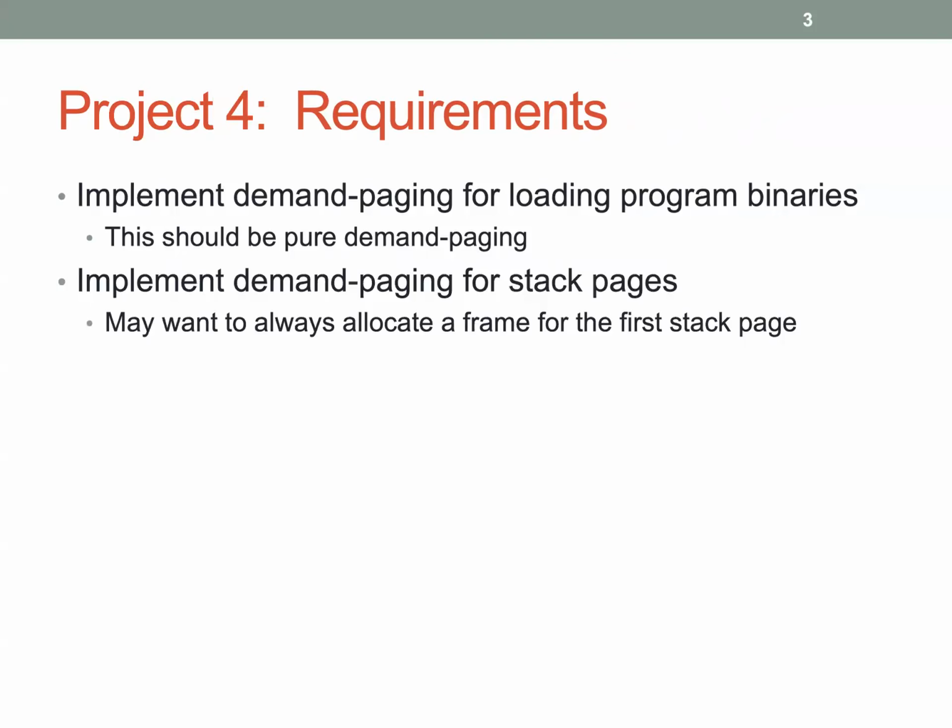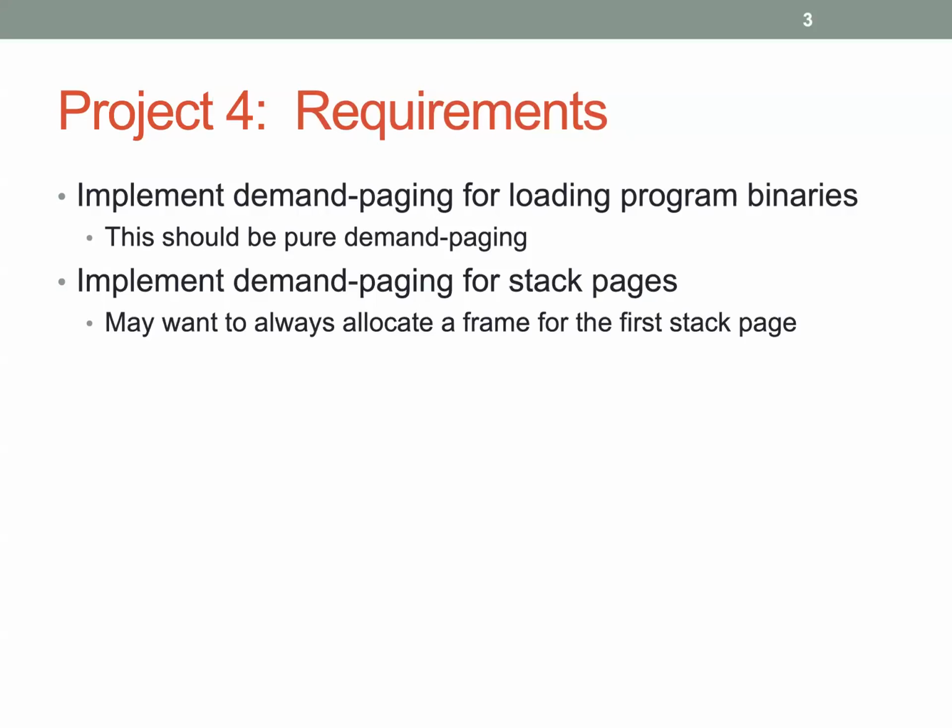You implement demand paging for stack pages. It is strongly encouraged that you have the first stack page already allocated. The reason why we like to do this is because that's where the command arguments go, and it's just easiest to set that up and leave it in memory as opposed to setting it up, writing it to swap, and then setting up the supplemental page table to say, hey, this is where the stack comes from.